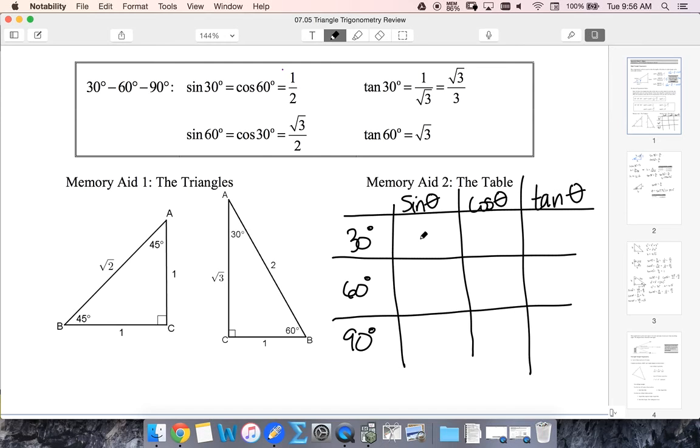Well, all of sine and cosine are divided by 2. And then sine of 30, so opposite of 30 is the smallest side. 1, 2, 3. I put square roots over all of them, but square root of 1 is 1. So I'm just going to leave that a 1, square root of 2, square root of 3.